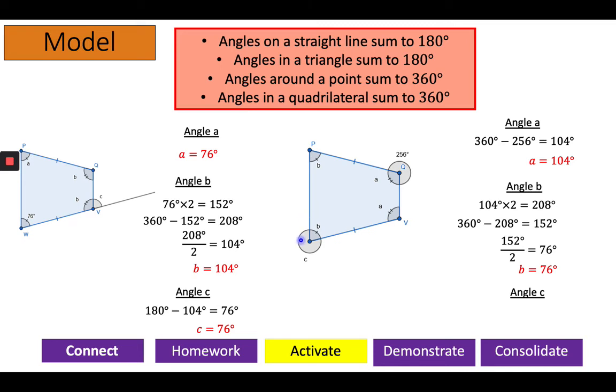To find our last angle here, angle C, it's around a point shared with angle B, so we just take 360 degrees minus our angle B, which we found to be 76, and we get 284 degrees. Therefore, angle C equals 284 degrees.